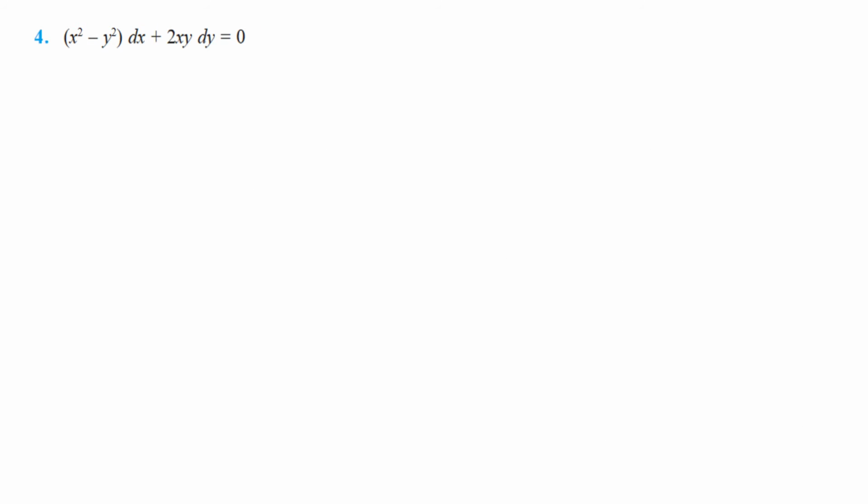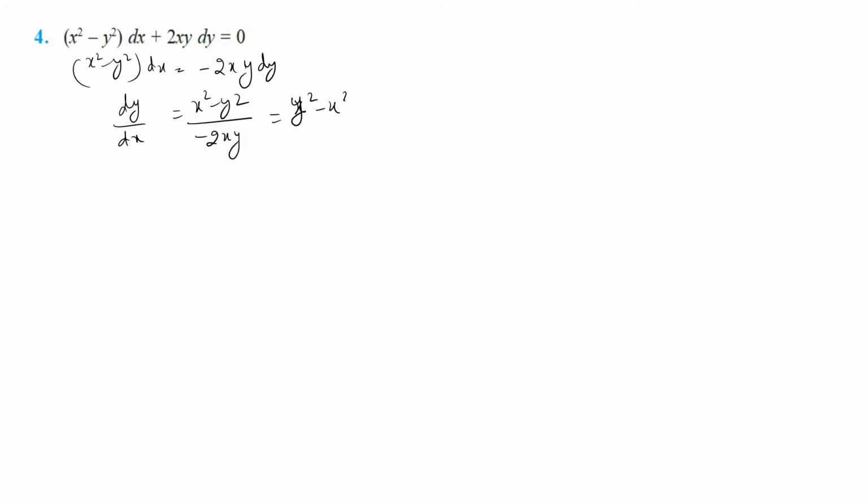Now question number 4. (x square minus y square) dx is equal to minus 2xy dy. Let us express it in the form of dy by dx. So dx will come to this side, so it will be (x square minus y square) upon minus 2xy. This negative sign can be adjusted by just shifting the terms of the numerator.